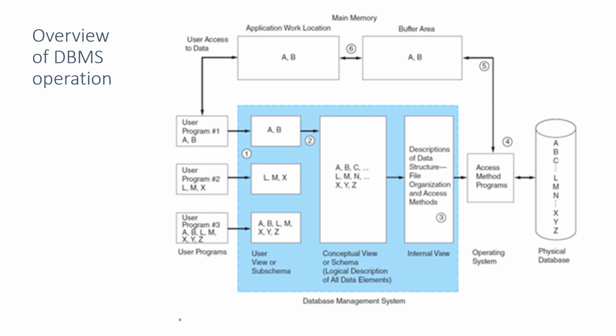So we have the 6 steps here. When the user's program sends the request or call of data, we are in the user's view or the sub schema, and you see here that the view of each user's program is different.